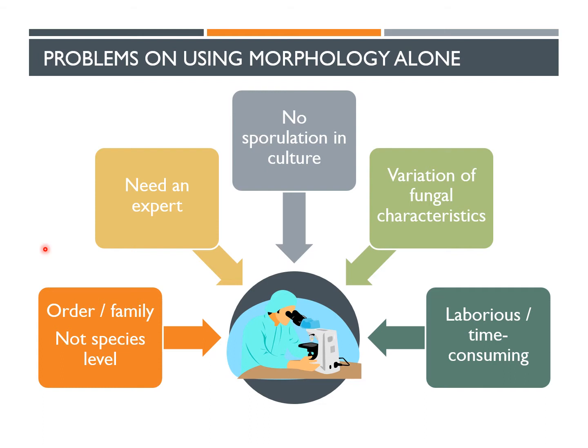You will also need an expert for identification of fungi. And for the non-sporulating fungi, you will not be able to identify them because you cannot find the reproductive structure that helps you to identify.